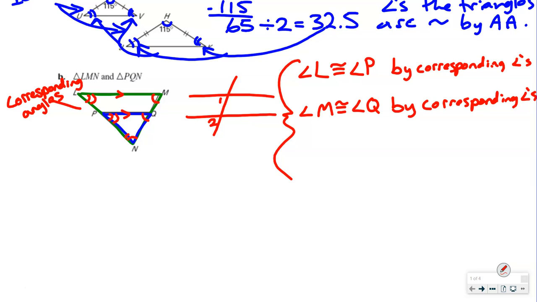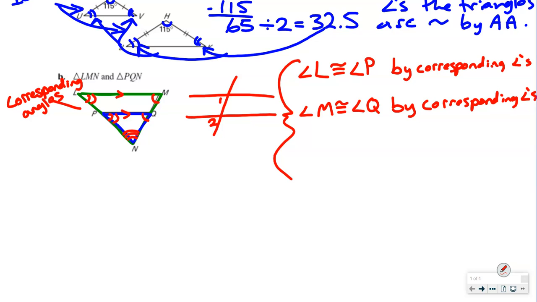Angle N is congruent to itself. They both have the same angle, they share that same angle. So in our previous unit, we dealt a lot with reflexive sides or shared sides. This is a shared angle, so it is the reflexive property.